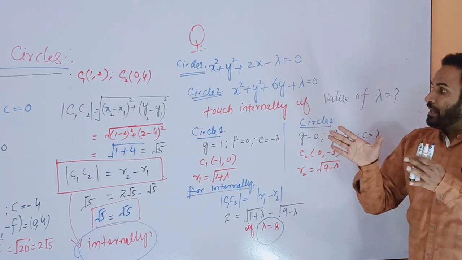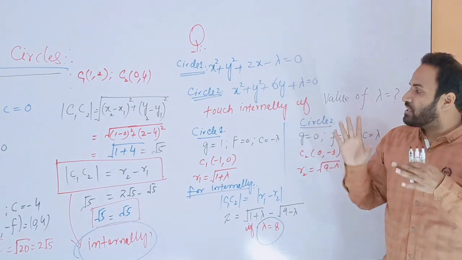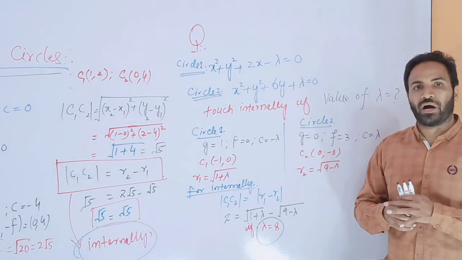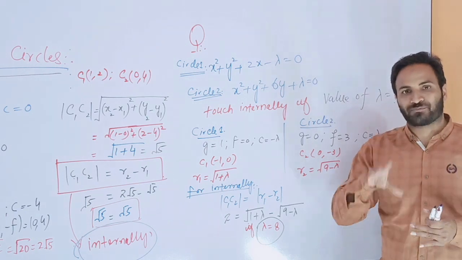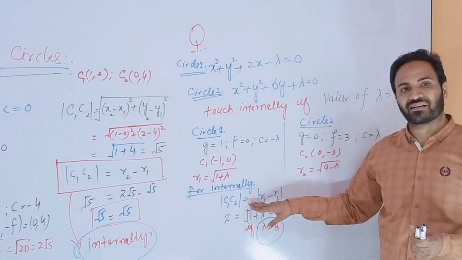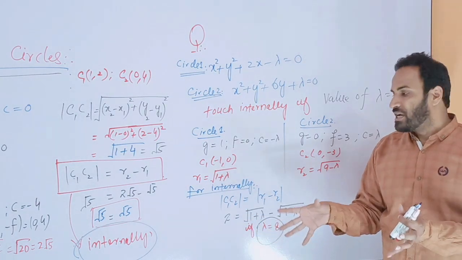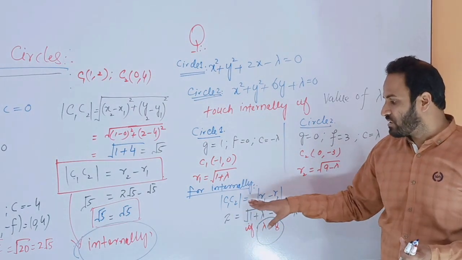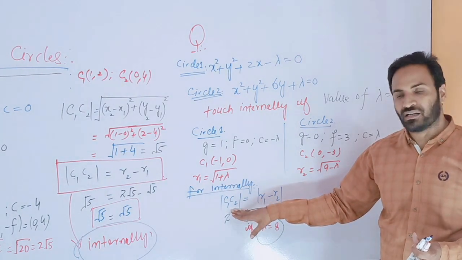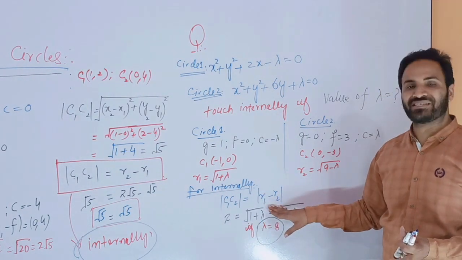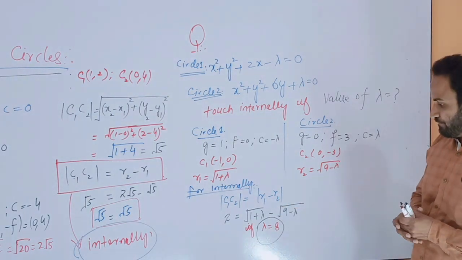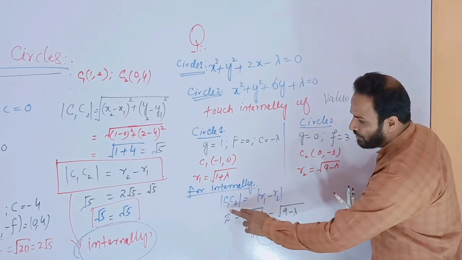Okay, in the statement of the question, it is given that both circles touch internally. So I will use the expression for internal contact. When both circles contact each other internally, the equation is that the distance between the centers of both circles should be equal to the difference between the radii of the circles.